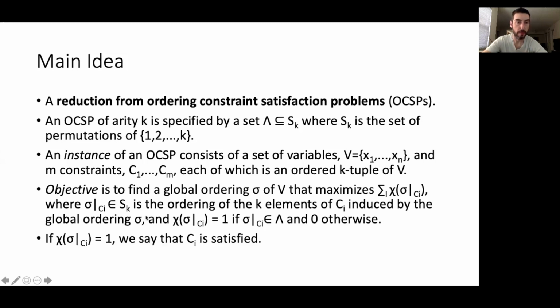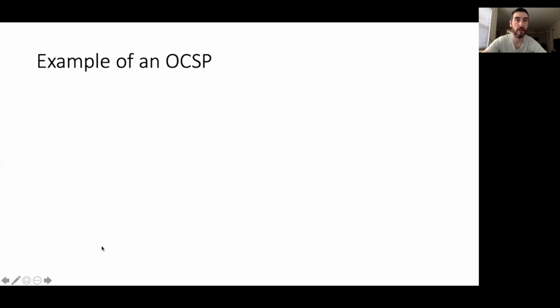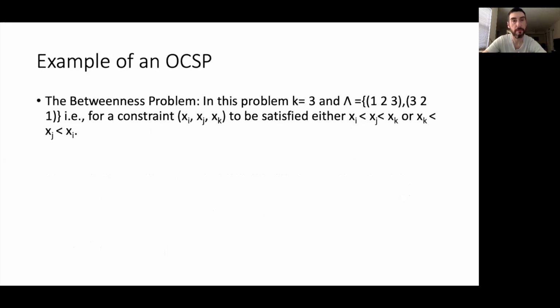Like I said before, we'll say that a constraint is satisfied if that permutation, when restricted to those elements, is within lambda. So that's a lot of formalism, but let's look at a simple example of an OCSP. A somewhat famous one is the Betweenness problem. In this problem, k is 3, so it's of arity 3, and lambda consists of two permutations.